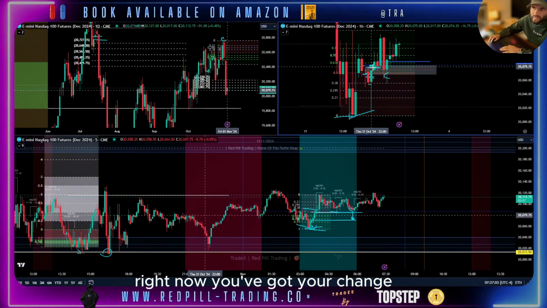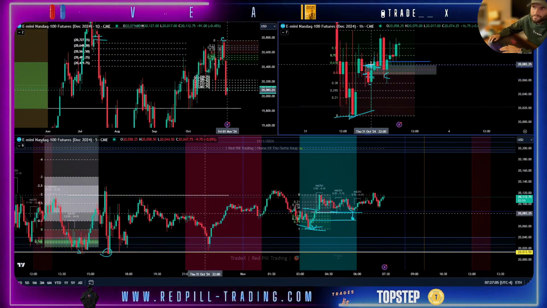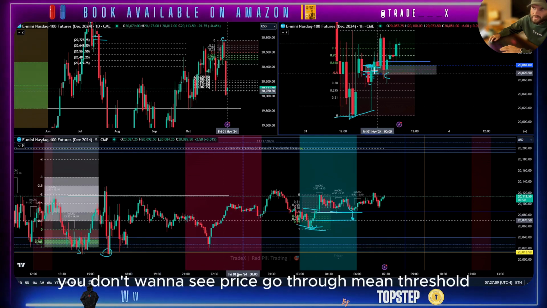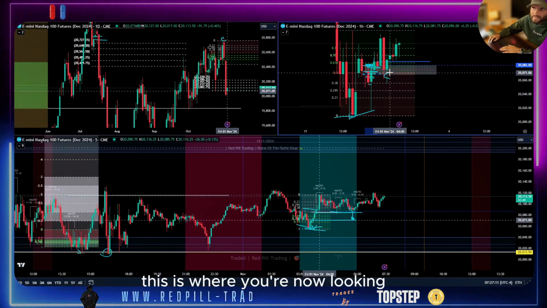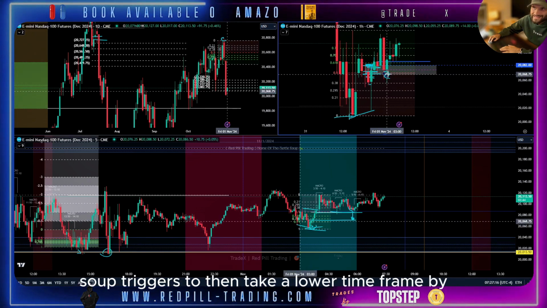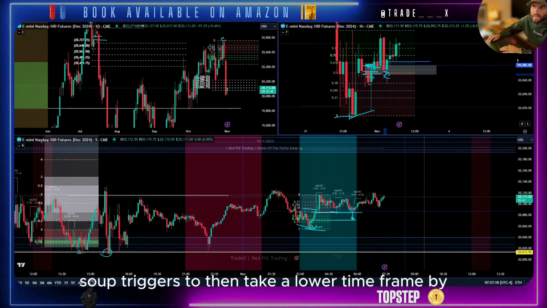Now you've got your change. This is your order block supporting price. You don't want to see price go through mean threshold. This is where you're now looking on the lower time frame for your turtle soup triggers to then take a lower time frame buy.